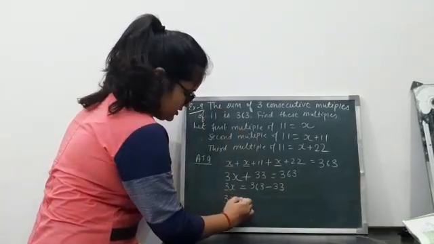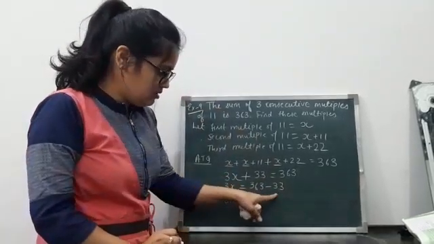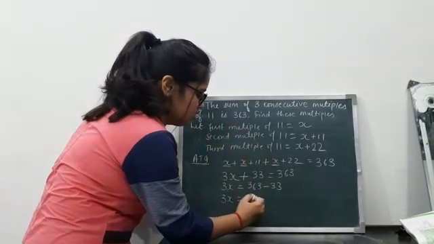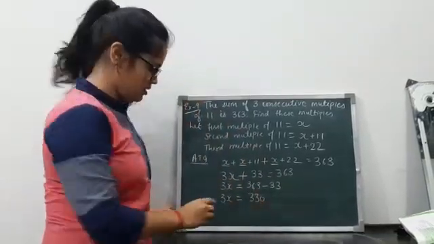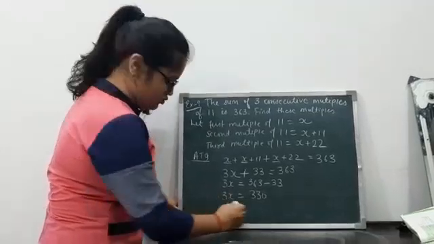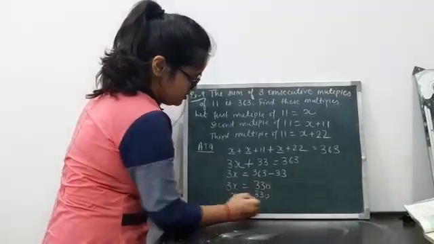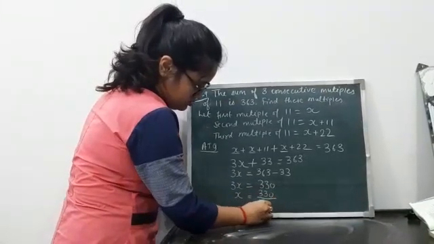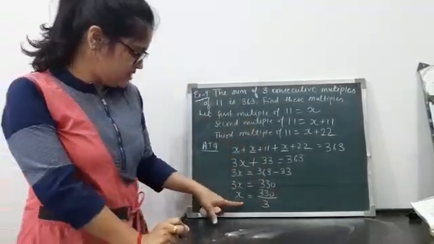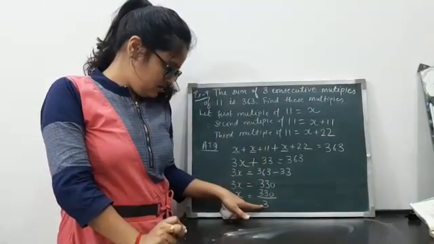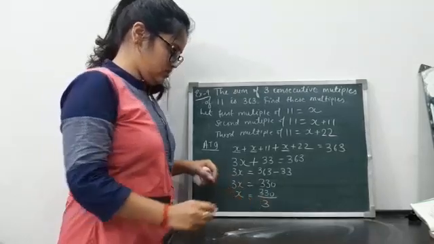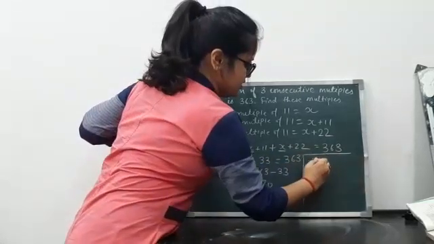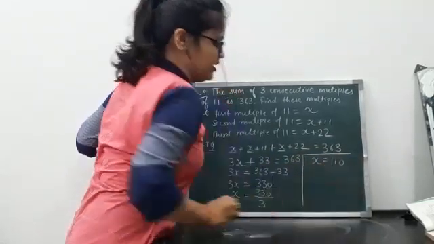So 3x is equal to 330. x is equal to 330 upon 3. What will be the value of x from here? 3 ones are 3, 3 ones are 3, and a 0. That means the value of x is equal to 110.